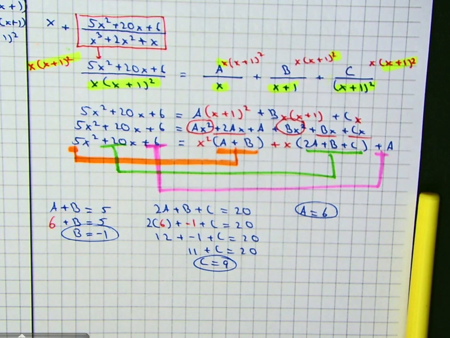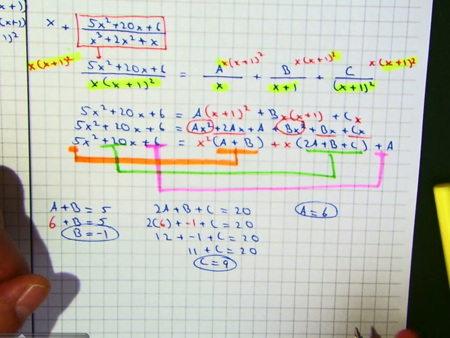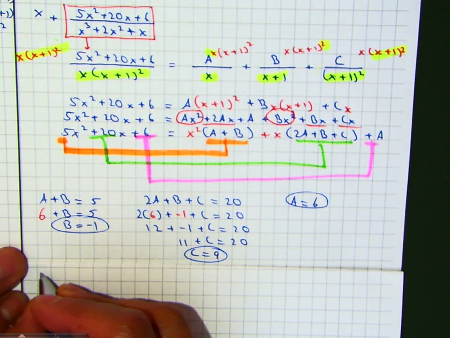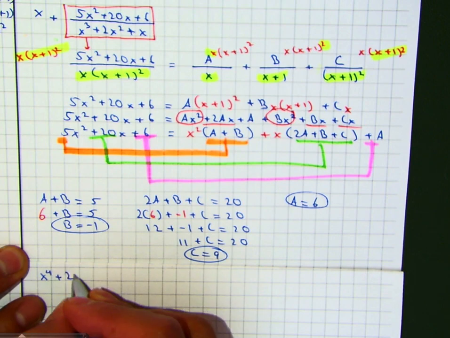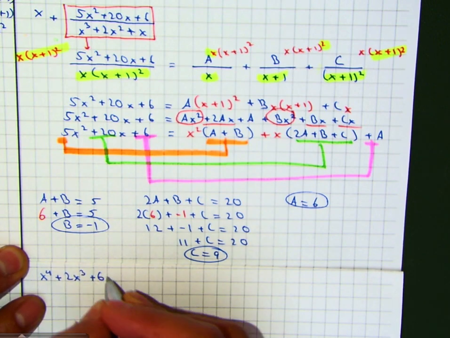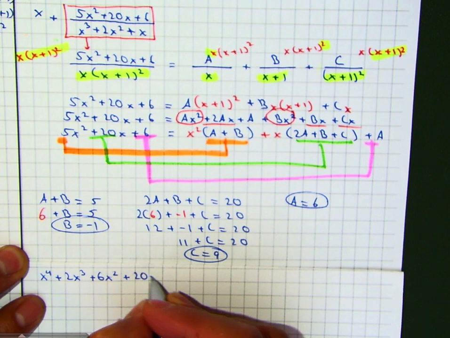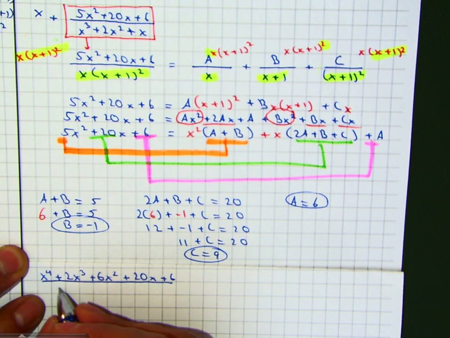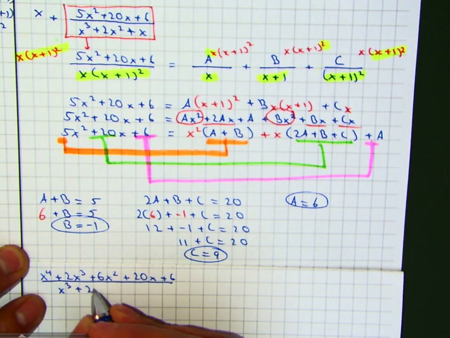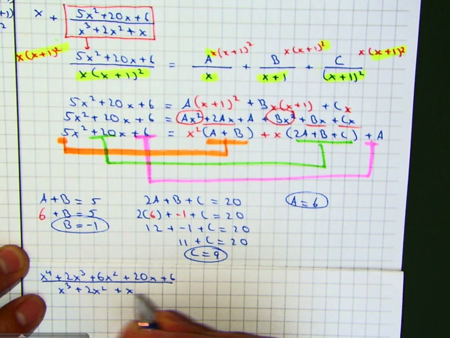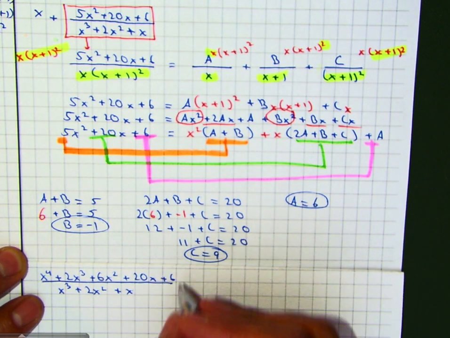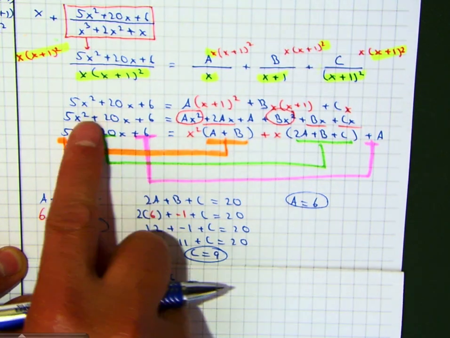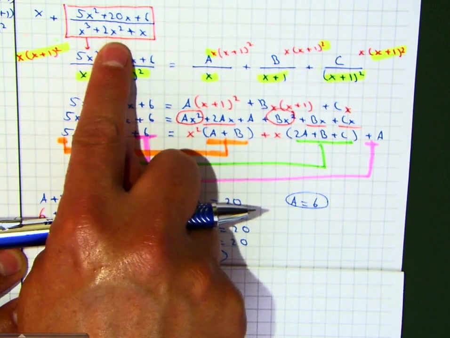And now I can just set up my expression. So finally, let's go and copy the original column, which we have x to the fourth plus 2x to the third plus 6x squared plus 20x plus 6 over x to the third plus 2x squared plus x. That will be equals. Now remember that this expression here is this one here, but we still need my x.